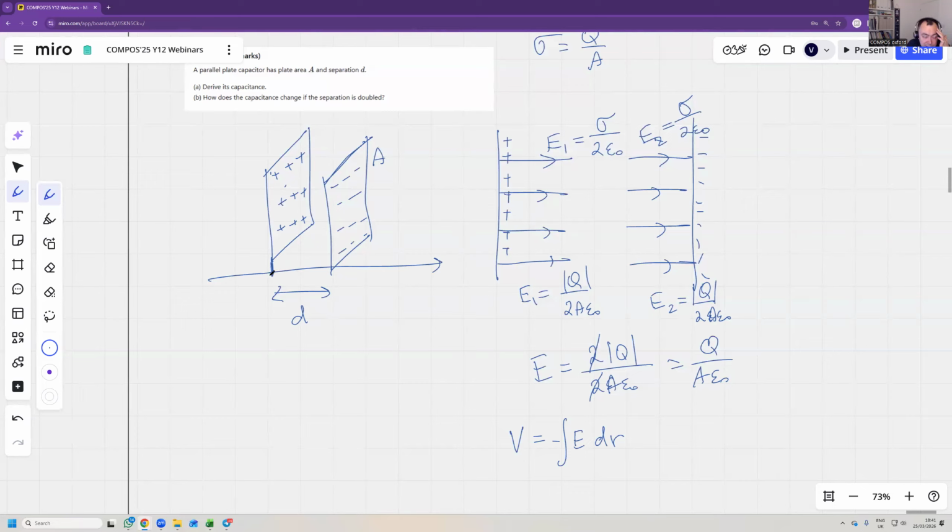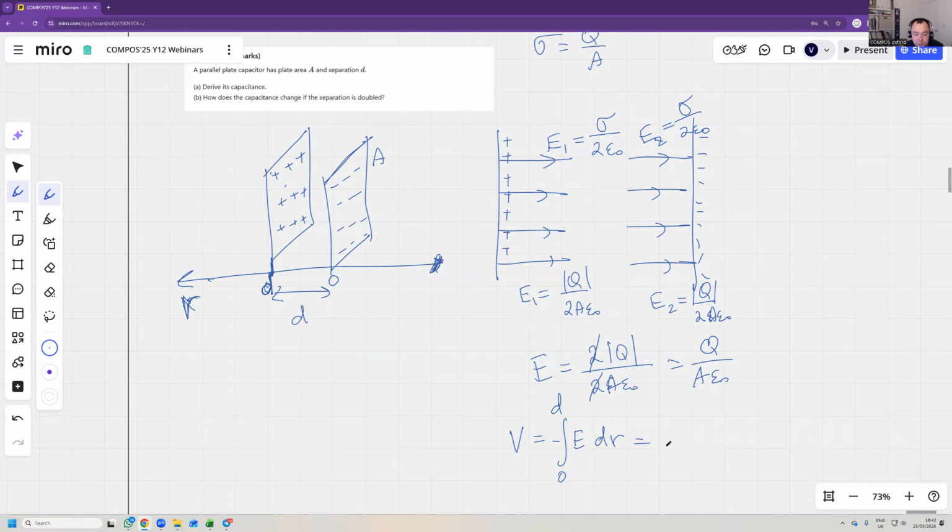And we can say that it goes from 0 to D, actually no, let's do it from 0 to D, the other way around. So the R axis is this way.